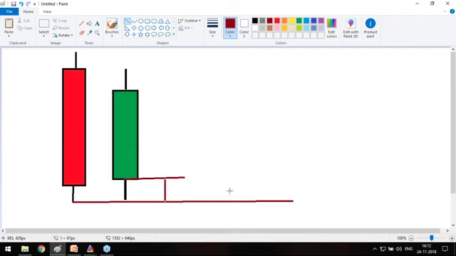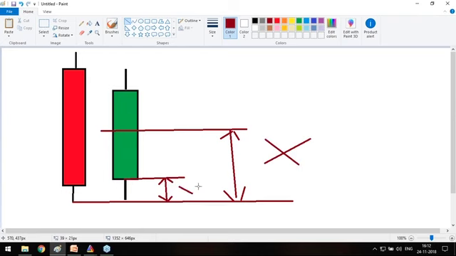This is one way of marking the zone. Another way of marking the zone is midpoint of the body to the wick. Now, if you ask me, Ashok, come on, how can you say that the risk is very high by doing that? Yes, risk could be low. It is left to the mercy of the trader. You decide. If it is risky, don't trade this scenario, only trade this scenario.